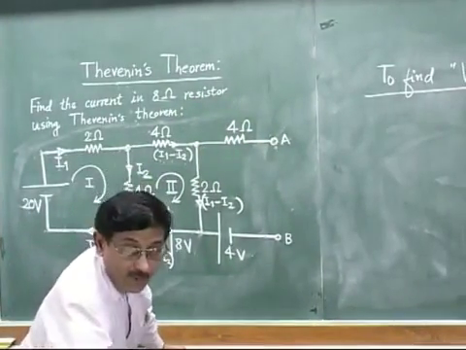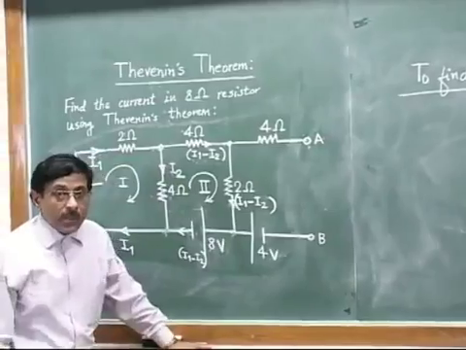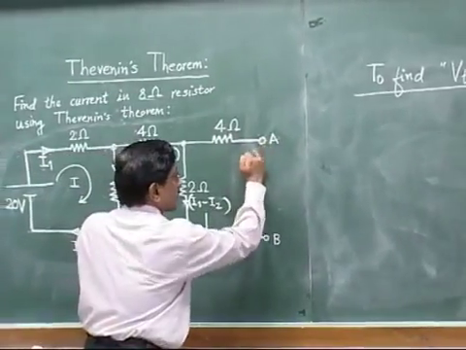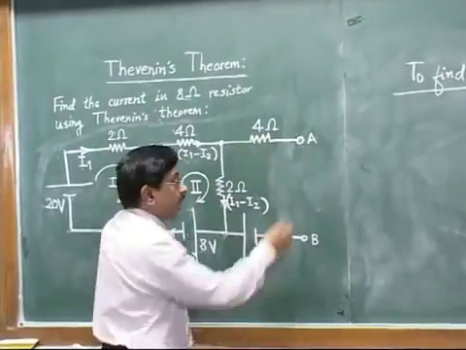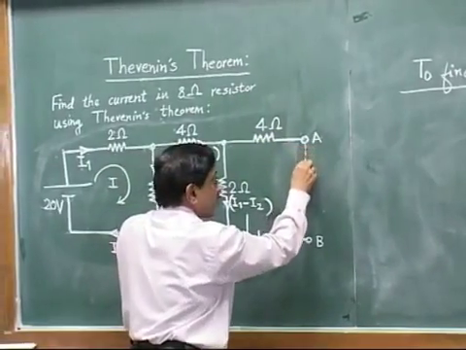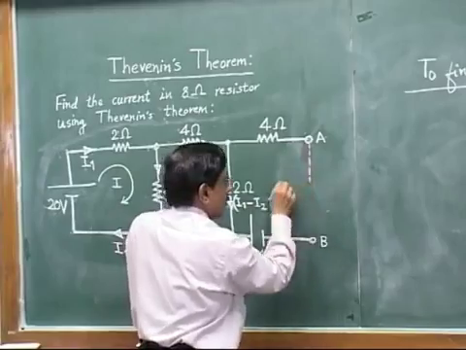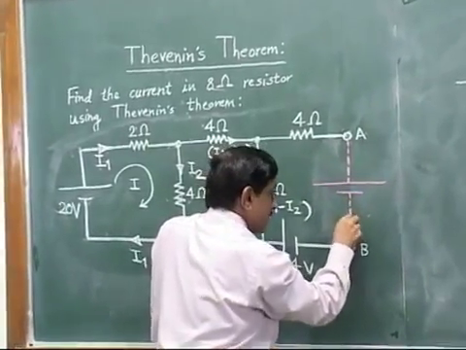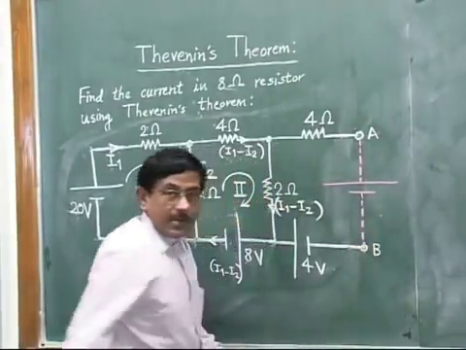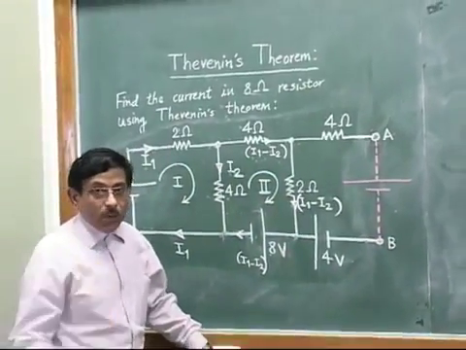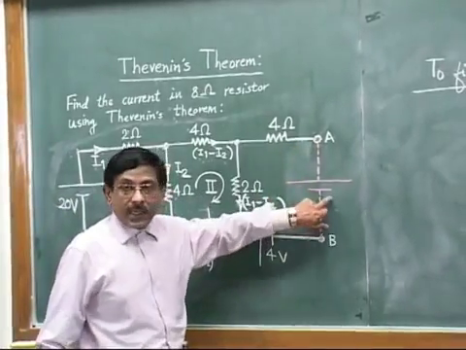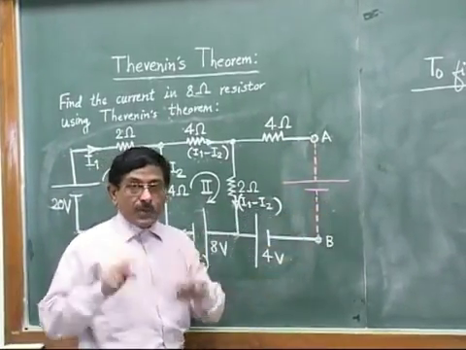For that, one simple thing. We assume here that some imaginary voltage source is connected between points A and B. So I will just show it like this. What is our assumption here? That some imaginary voltage source is acting across points A and B. That means we close, momentarily, these points A and B with a DC battery. Now there are two options.